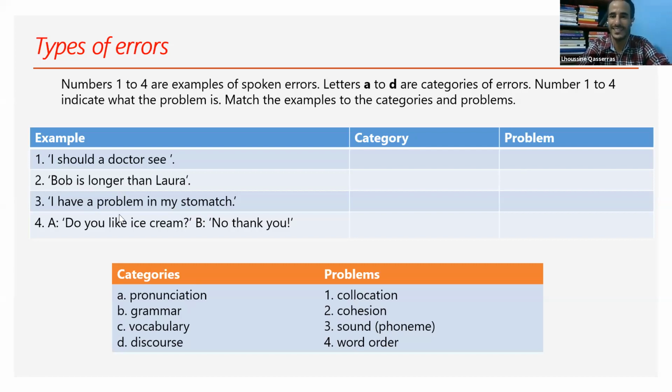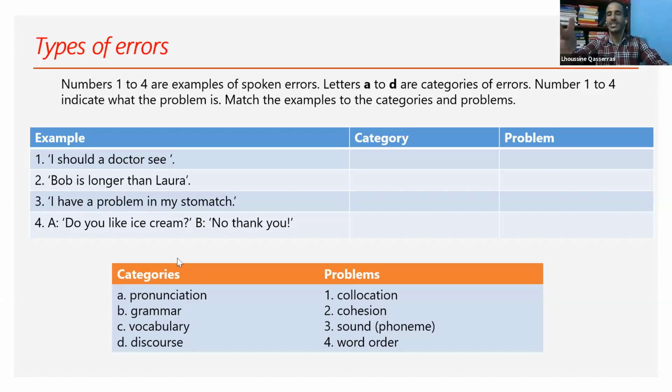Number 2, Bob is longer than Laura. What do you think? Number 2 is vocabulary and collocation. Some of you got confused, but the majority says it's C, number 1.